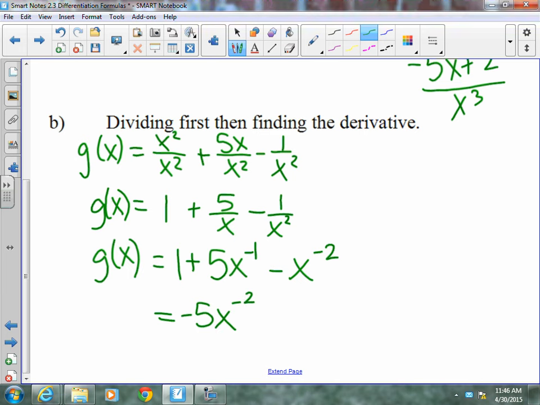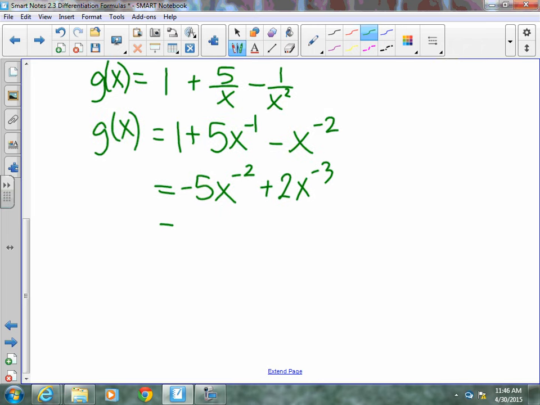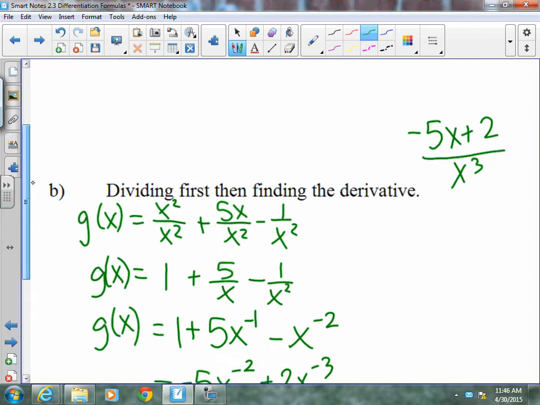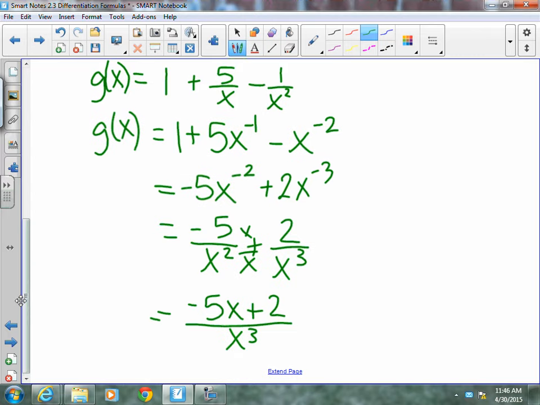And the derivative of negative x to the negative 2 is positive 2x to the negative 3. Or, if we do a common denominator, multiply by x over x, we get negative 5x plus 2 all over x cubed, which is the same thing that we got when we did the quotient rule. So there's proof for you that it works.